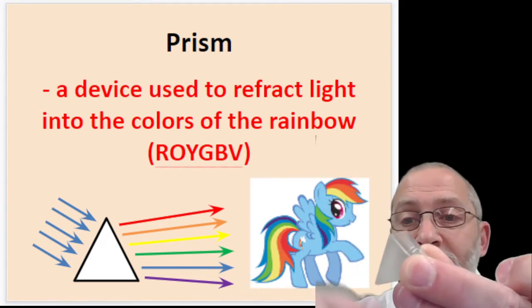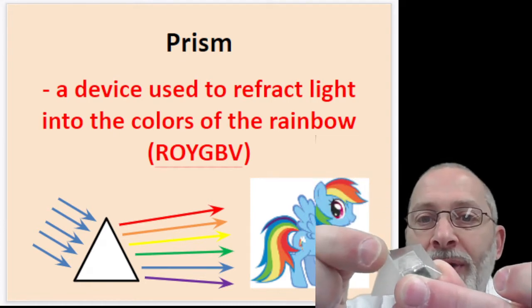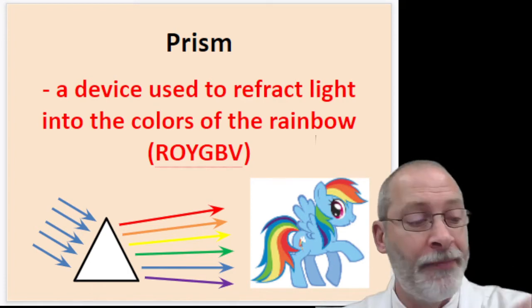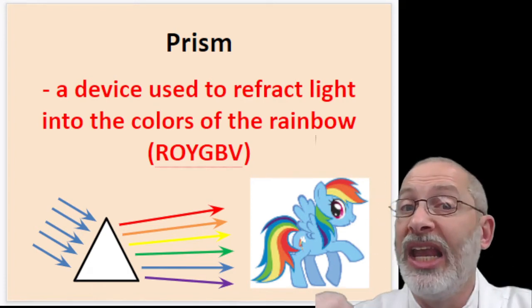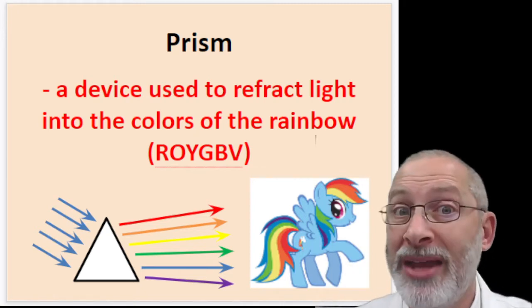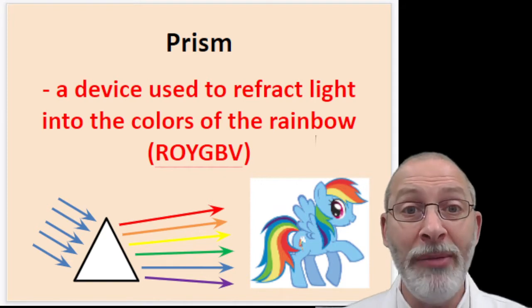And because the prism is shaped like a triangle, thinner on one side, thicker on the other, a prism enables a light beam to be spread out, to be bent or refracted into the different colors of the rainbow.